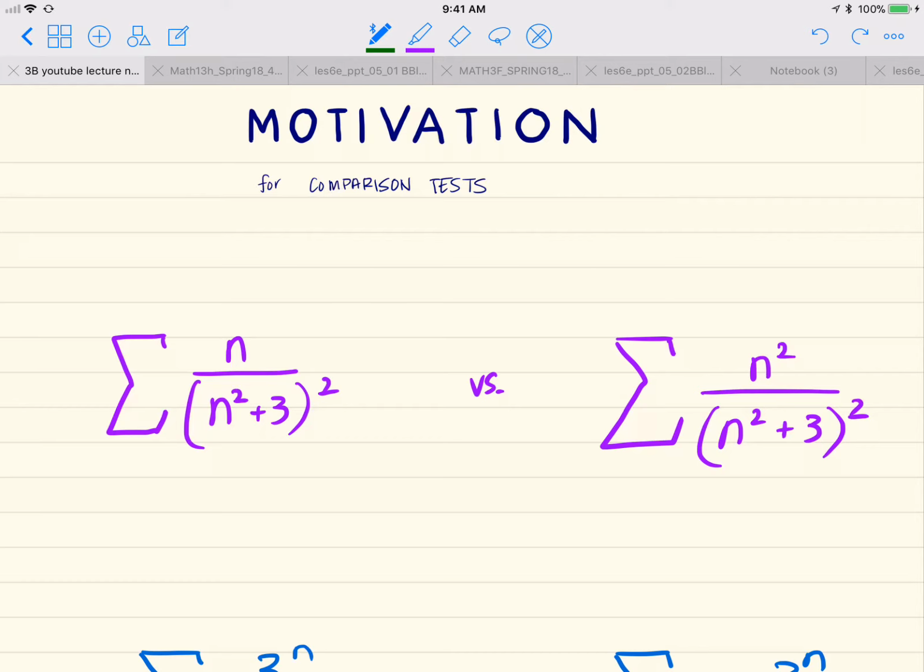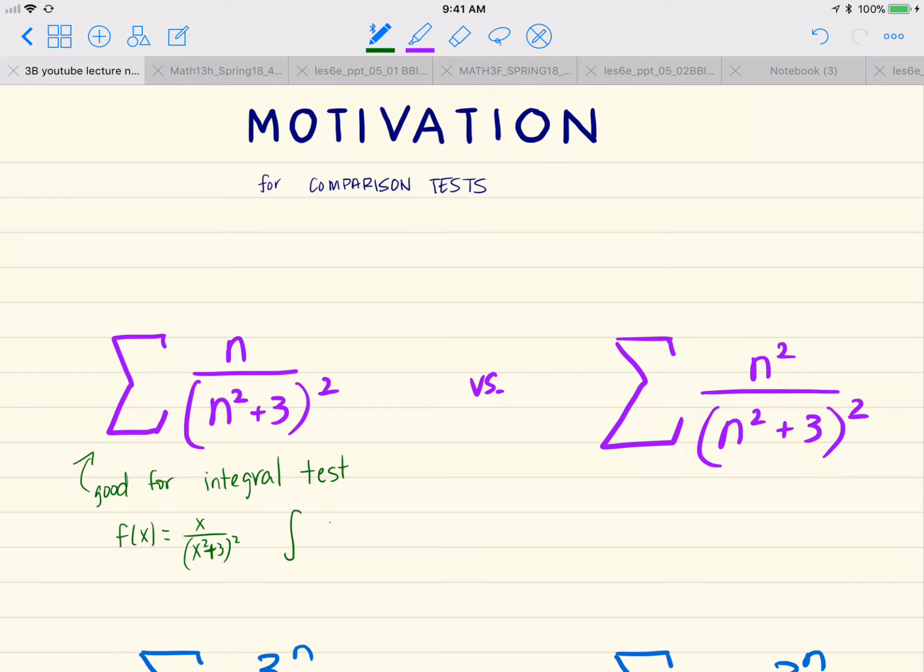For the first example, the one on the left would be good for the integral test because, first of all, if we think about f of x, which is x over (x squared plus 3) squared, it's going to be positive, decreasing, and continuous, so we can apply the integral test.